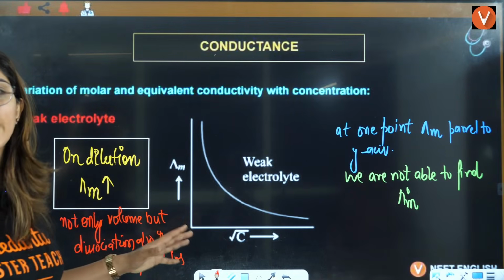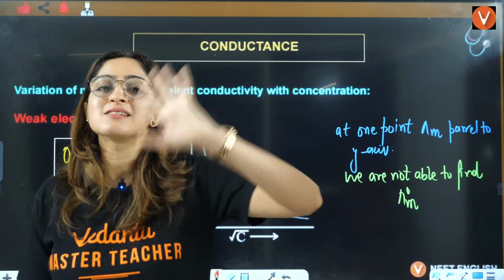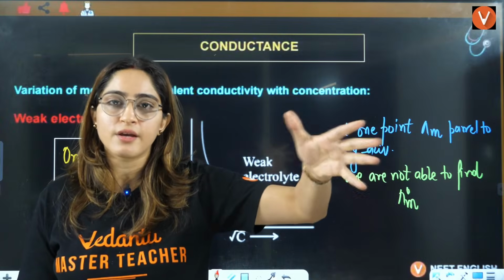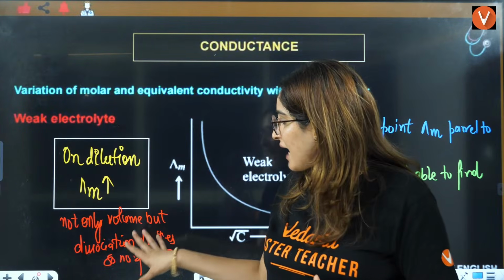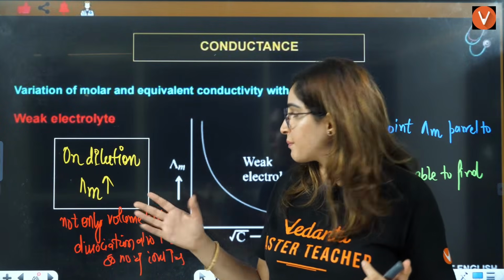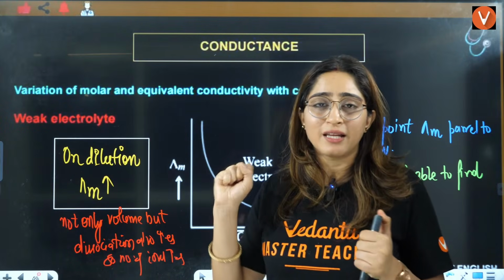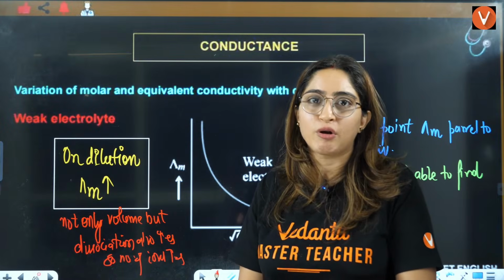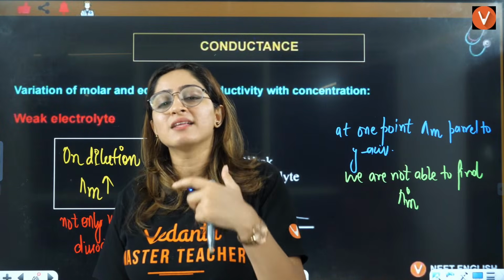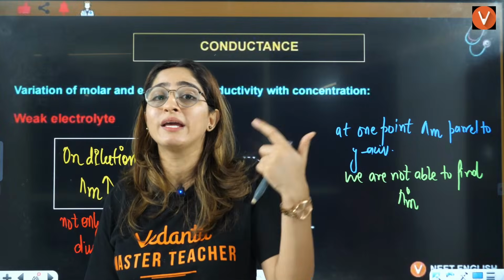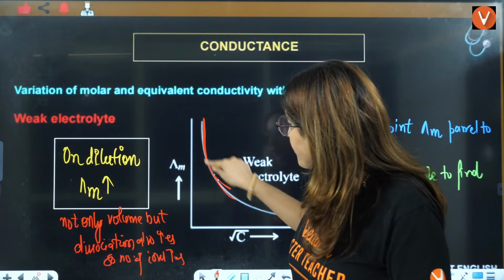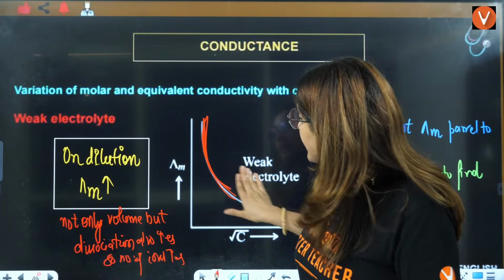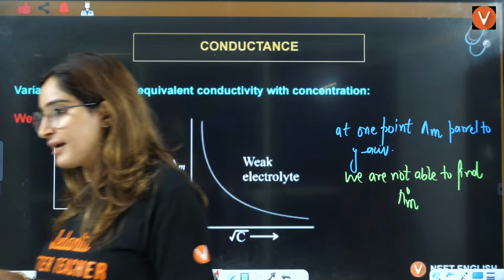See, in a strong electrolyte, molar conductivity is increasing because the volume is increasing. But in case of dilution for a weak electrolyte, the number of ions dissociated has also increased. That's why it is increasing exponentially here, right? And that's why it is getting parallel to the y-axis.